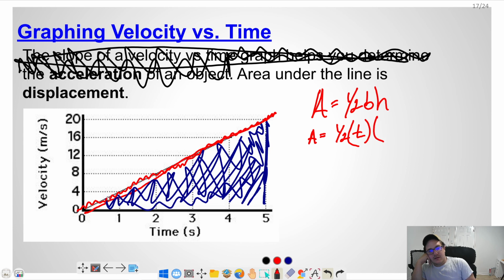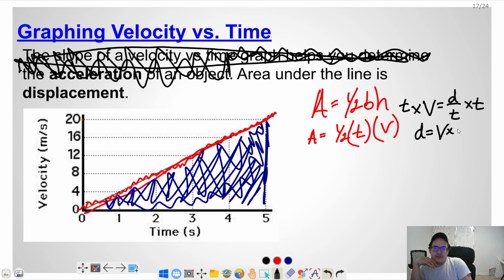What's the unit of my height? And that's velocity. So I'm going to do a little bit of math magic. What happens if you take velocity times time? What does that give you? Well, here's the velocity formula. If we rearrange this a little bit, we get displacement equals velocity times time.